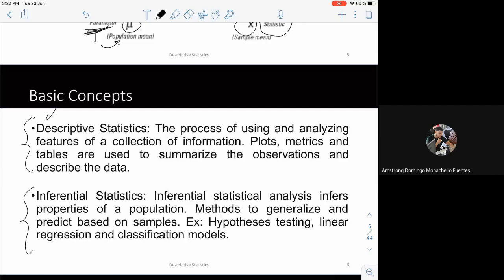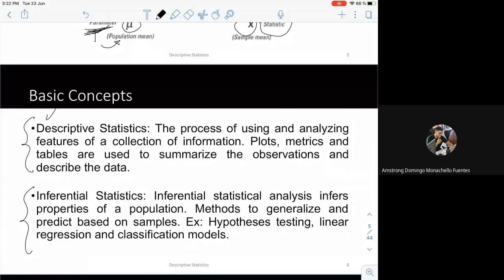We call it inferential statistics because using a sample, we're going to try to make an inference, or generalize an idea about the whole population. So it's a branch of statistics that uses samples to arrive at conclusions.